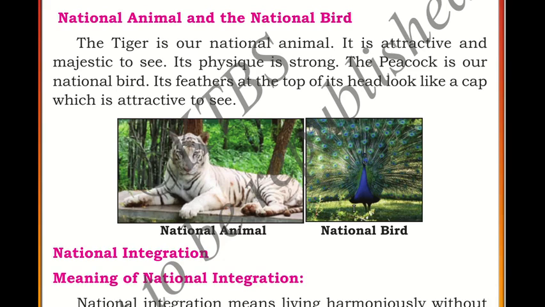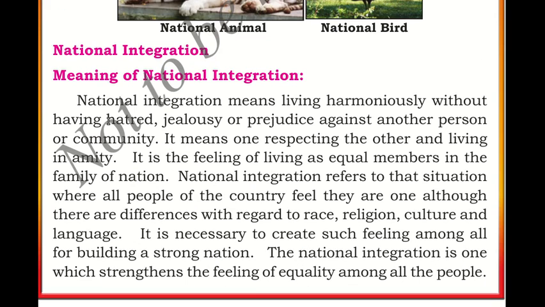Let's talk about why the national symbols are important. We learned that it is important for national integration and to create patriotism in Indians. First, let's try and understand what the meaning of national integration is.